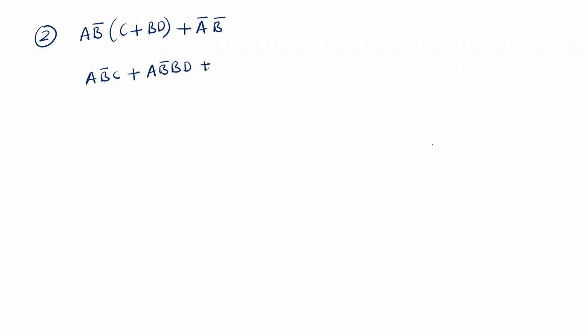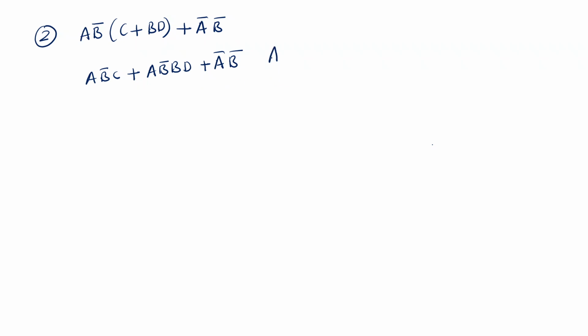Okay, so the second one: AB bar C plus BD, plus A bar B bar. Simplify the equation into the minimum number of literals. So this is nothing but AB bar C plus, you multiply, A B bar B D plus A bar B bar.